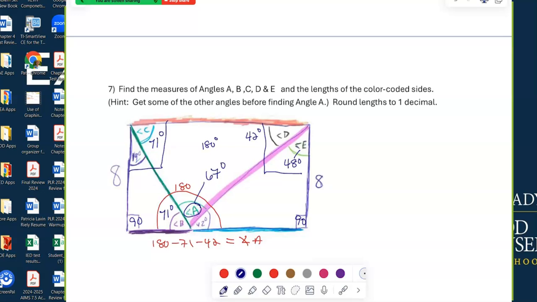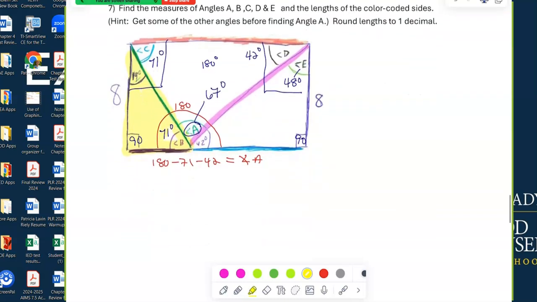So let's take the triangle where I'm trying to figure out the two pieces. I'm going to take this triangle right here and work that one out. I'm going to come right below it and redraw it. Here it is.